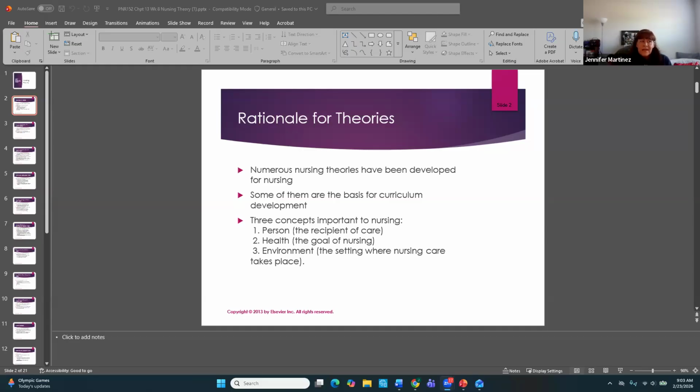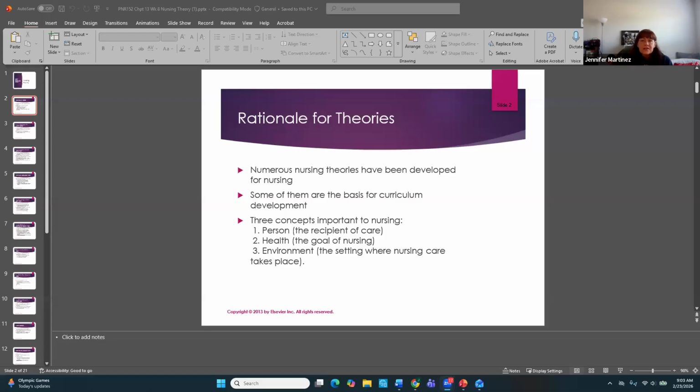But again, there's lots of nursing theories out there. Some of them are the basis for curriculum development as well. So nursing programs will often use nursing theories as a basis. In addition, they also provide a basis for research on the effectiveness of nursing care.